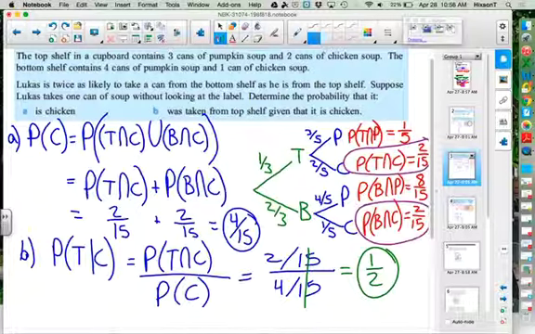I know this is a silly example talking about cans of soup and what shelf they came off of, but the concept is the same. You could use this for medical testing. That's a classic example. Every test that you run has the possibility of a false positive, where you think you have the disease but you actually don't, or a false negative, where they missed it and you actually do have the disease.